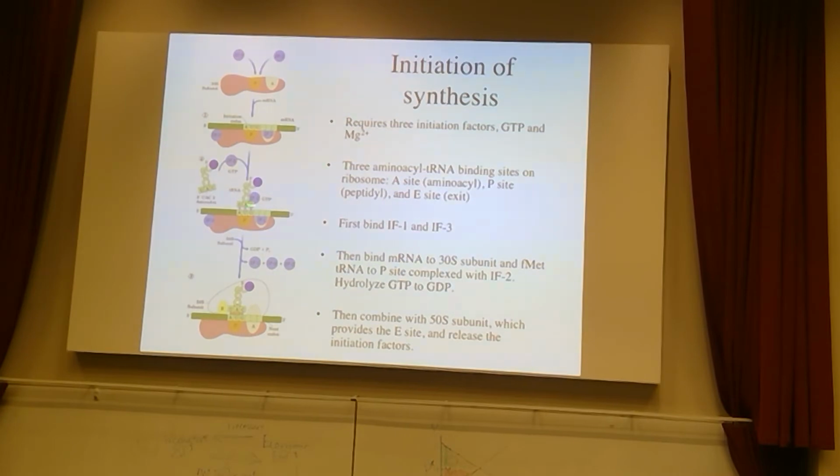Excellent. That's in place. Codon-anticodon interaction, and now the initiation factor 2 hydrolyzes its GTP. That provides energy to dissociate the initiation factors, allowing the larger 50S subunit to form the complex, and now we have a complete intact ribosome able to do its work.